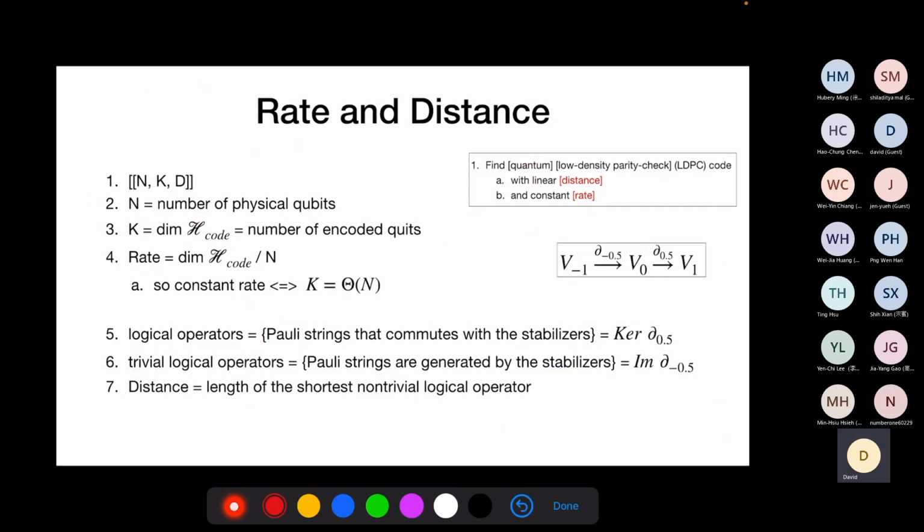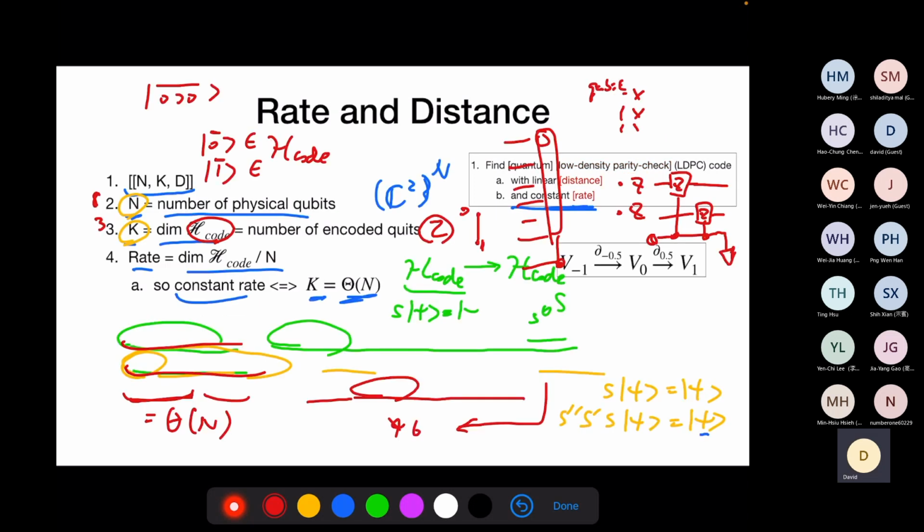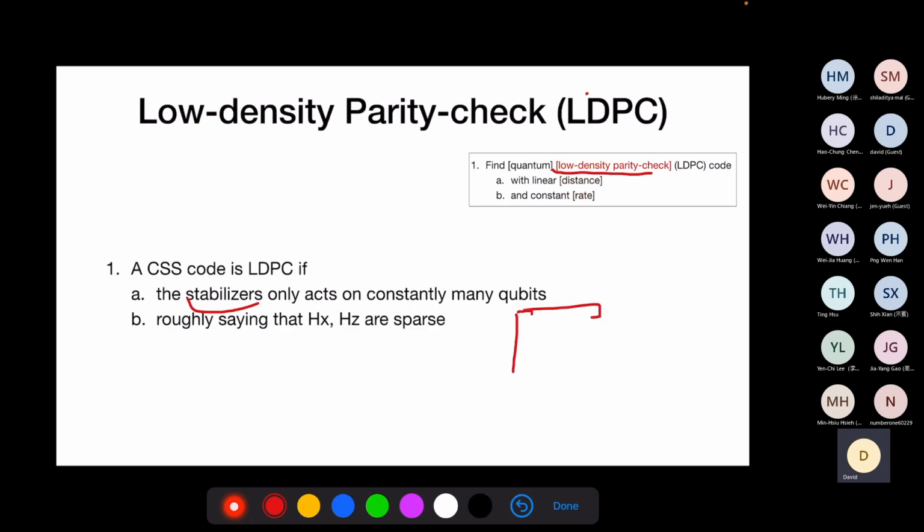Okay, so that's distance and rate. The last thing we need to talk about is low density parity check. What does low density parity check mean? It means that your stabilizer only acts on constantly many qubits. In the previous example, we saw that H_C is a stack of many stabilizers.